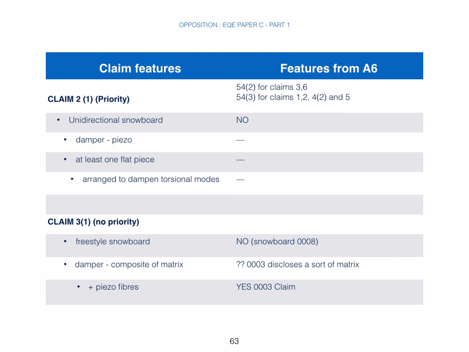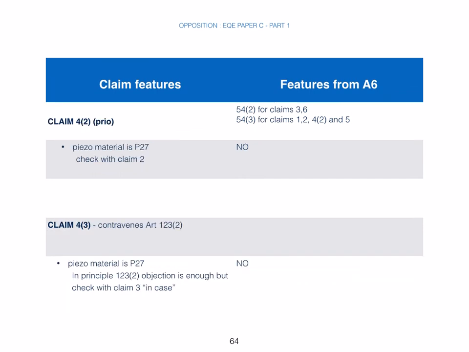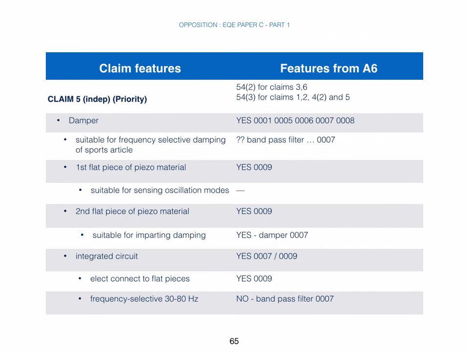It's sort of difficult because it seems as though there is a disclosure of the matrix and the piezoelectric fibers. So I've put a question mark there, but that's something I will check later. And then we go to claim 4. The feature of claim 4 P27 is not present in Annex 6. We go to claim 5. Damper?